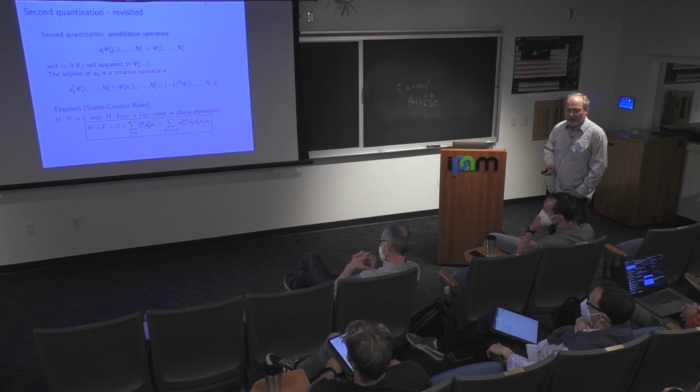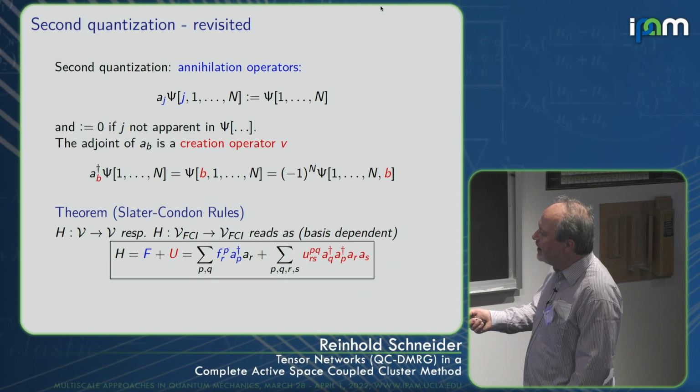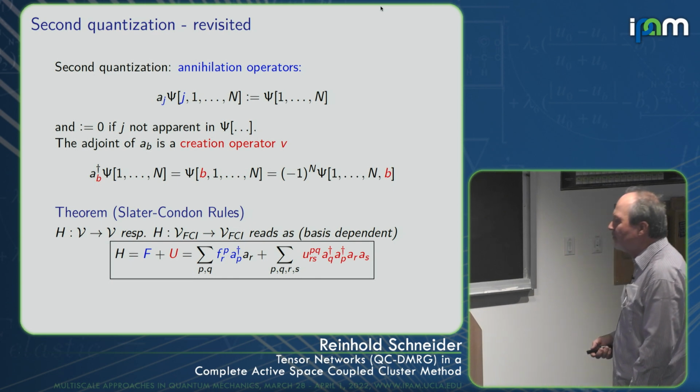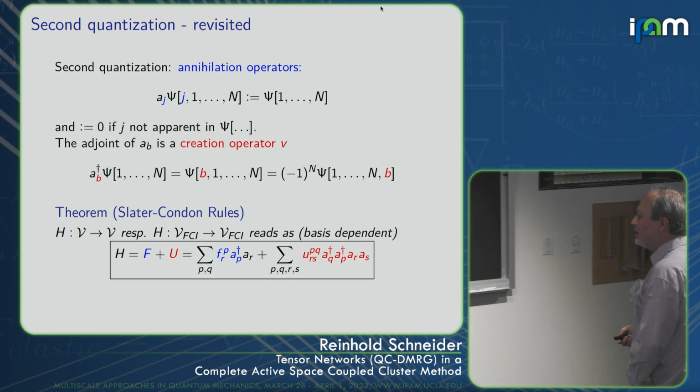By their action onto Slater determinants. The Slater determinant is built as an antisymmetric product of orthogonal basis functions, and the annihilation operator a_j just annihilates the first determinant, so that at the end you have a determinant of a smaller size.